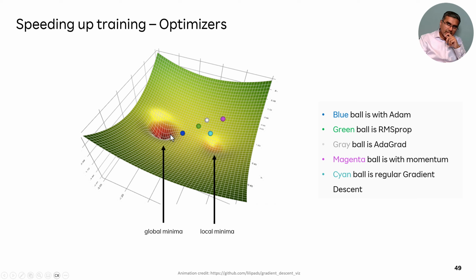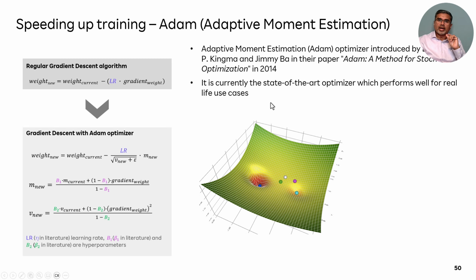It takes more time to get there. Gray is Adagrad and so on. So the key takeaway here is that there's been quite a bit of study and research in optimizing the gradient descent algorithm. And right now, as I said, the go-to standard is the Adam optimizer, which performs really well.